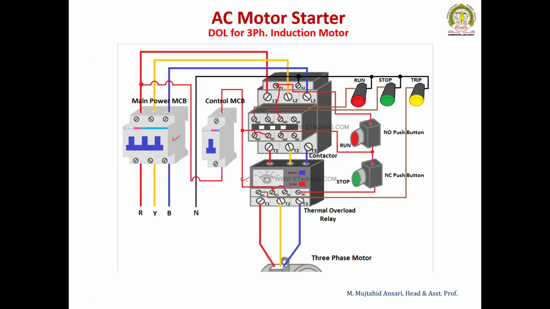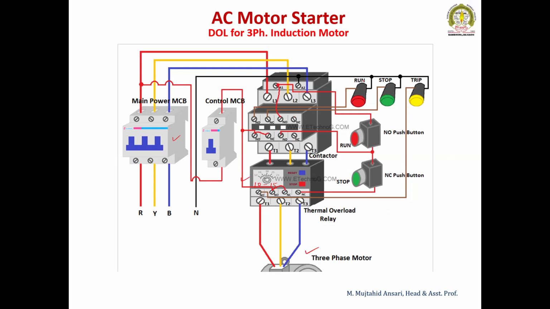Here there are settings, 1.2 times and so on. As per this rating, suppose the current is 10 ampere to 15 ampere, here we can set either 10 ampere, 14 ampere, 13 ampere and so on. And these terminals are connected to the three-phase induction motor.